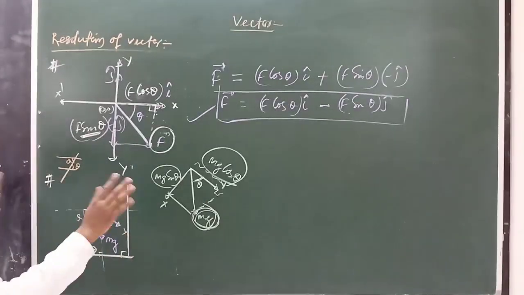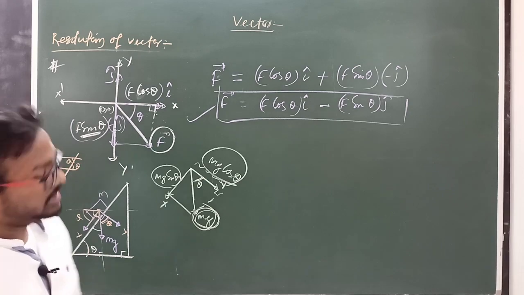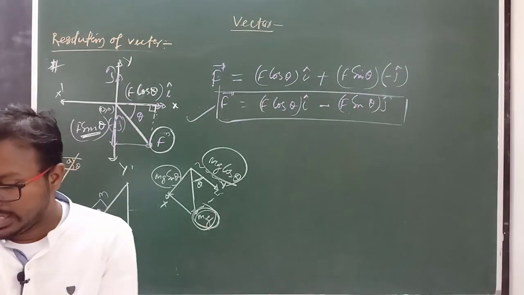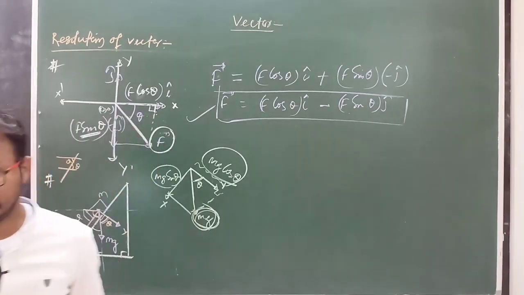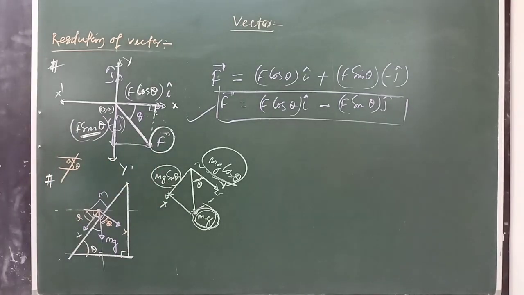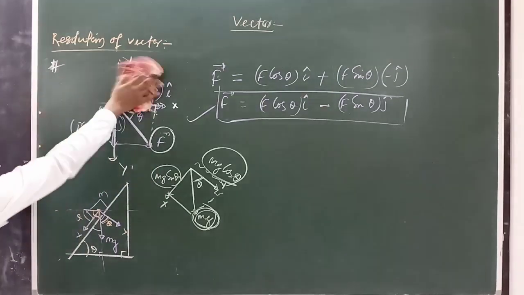Clear? So these are all about resolution of a vector and how to find the rectangular components of a vector using different types of situations or conditions. Clear? Okay.